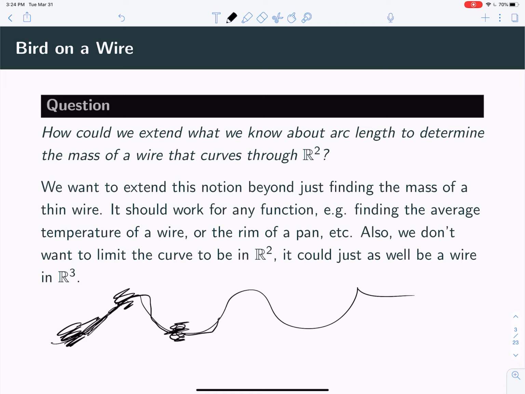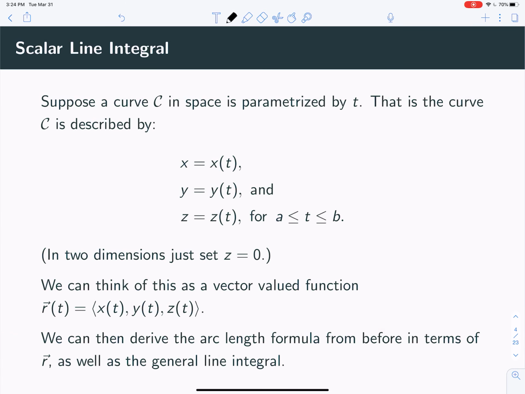Well, you can think of a function, we'll just say f, and that function gives you the mass of a particular little bit of wire, almost like a density. Then you could add up all these densities at all these different points along the wire, and you could get the total mass of the wire. And that's the idea we want to build on here. And so we're going to call this a line integral. We're going to call it a scalar line integral.